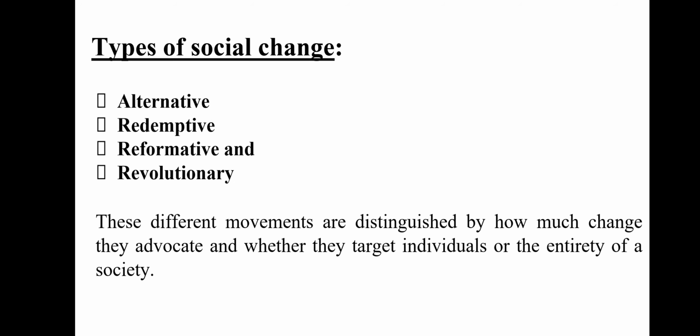Here, four types of social change are there. Number one, alternative. Number two, redemptive. Number three, reformative. And the fourth type is revolution. These different movements are distinguished by how much change they advocate and whether they target individuals or the entirety of a society.